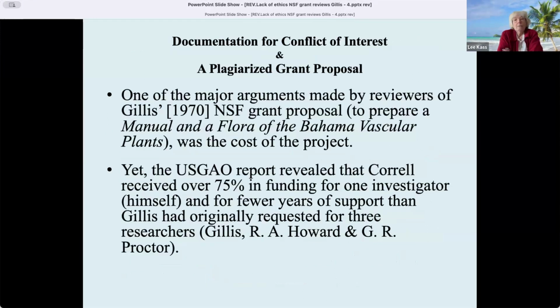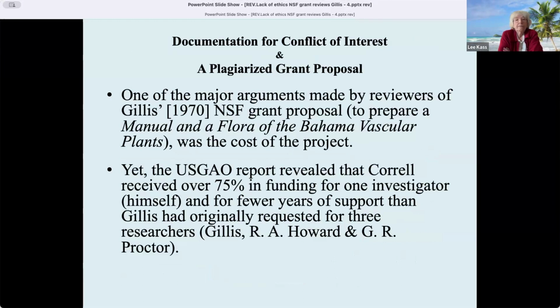One of the major arguments made by reviewers of Gillis's 1970 National Science Foundation grant proposal, which we found at the Michigan State University Herbarium, was to prepare a manual and a flora of the Bahama vascular plants. And the argument was that the cost was too high.